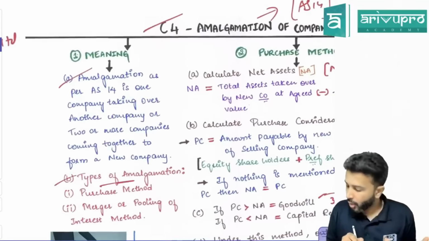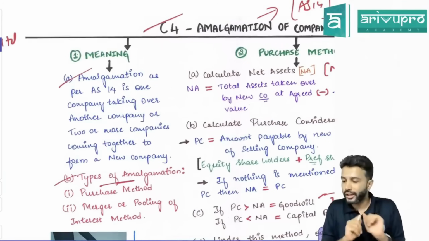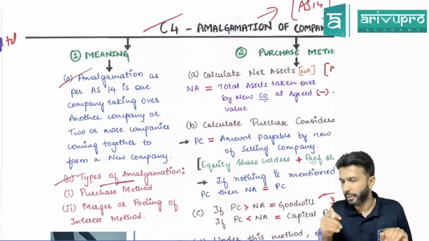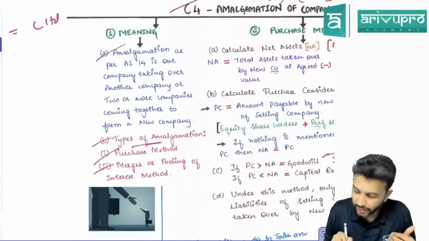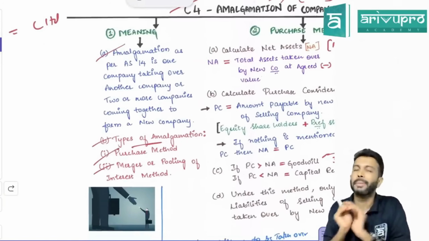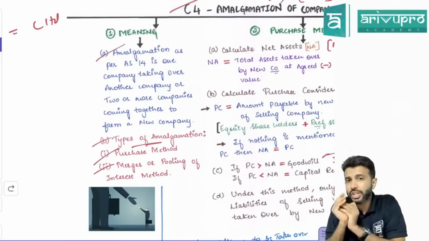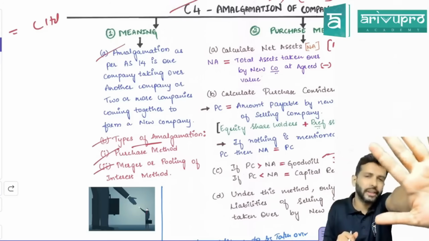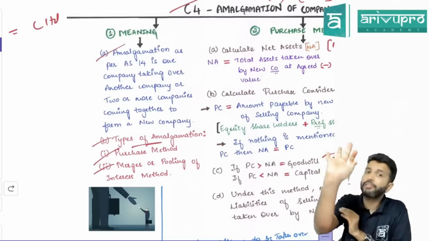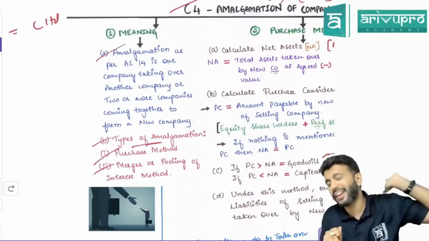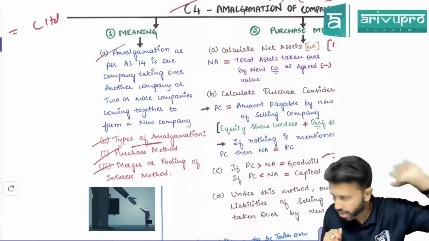Next, for accounting purposes, there are two types of amalgamations. One we call the purchase method, another is the merger method. For the merger method, they have specified 5 conditions. If all the 5 are satisfied, it becomes merger method.